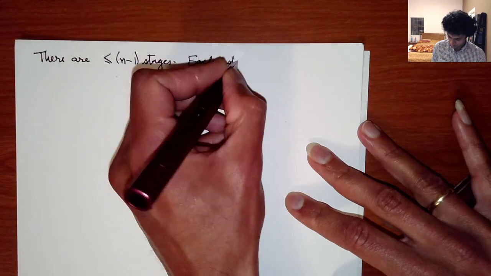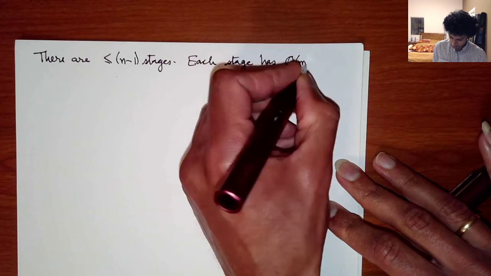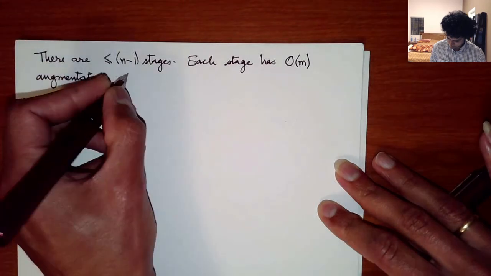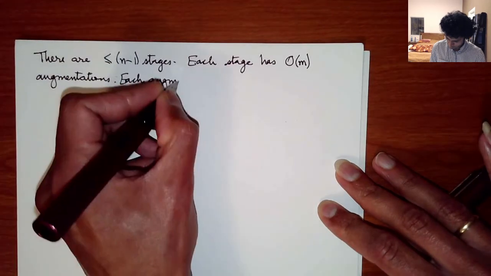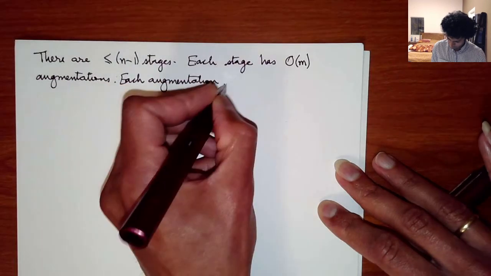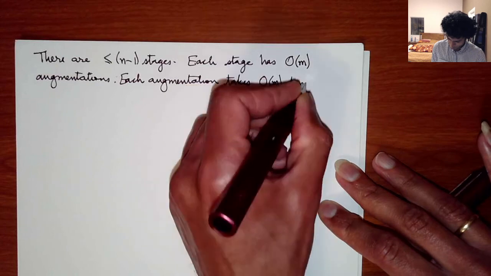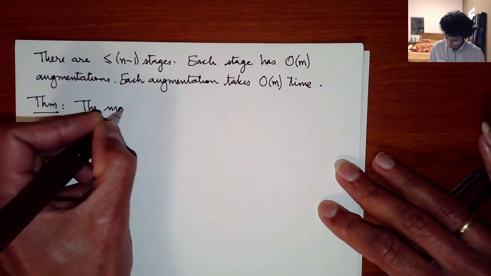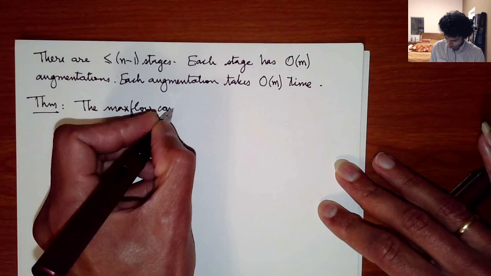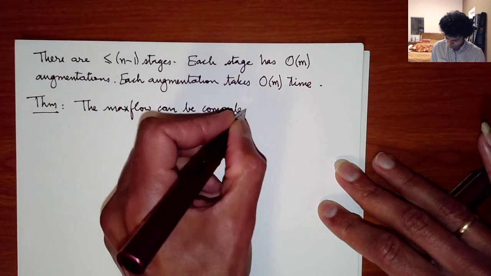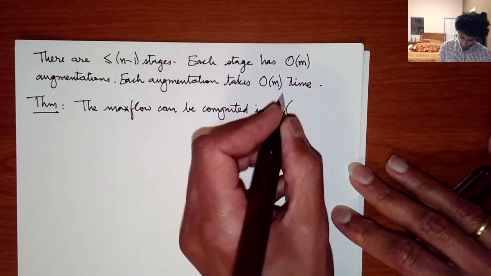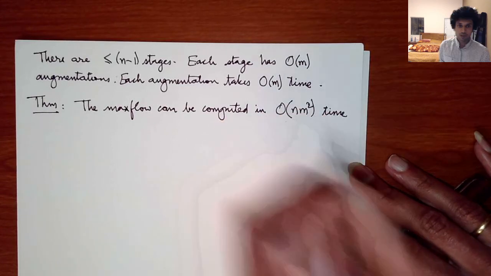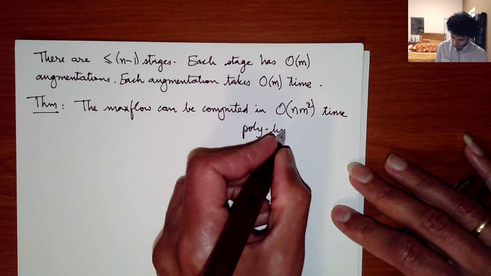Each stage has O of m augmentations, and each augmentation takes O of m time, and hence the theorem of Edmonds-Karp is that the max flow can be computed in, if you multiply all of these together, you get nm squared time. So this is polynomial time.